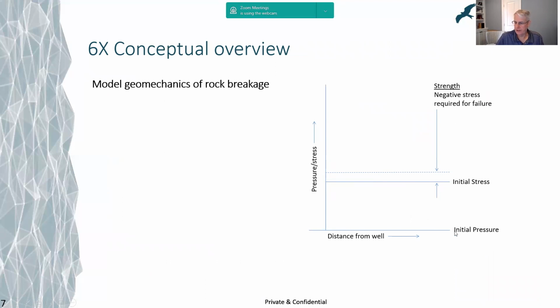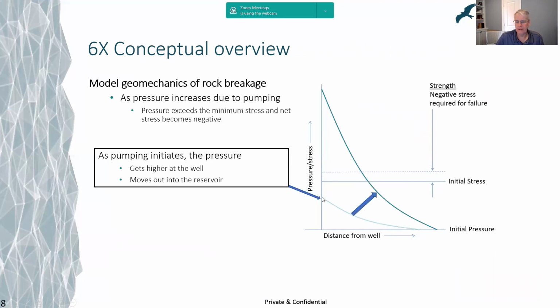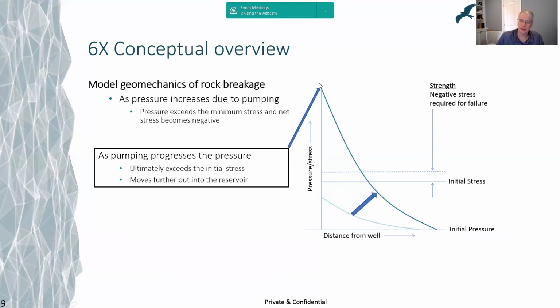At the bottom, along the x-axis, we've got the distance from the well. So if we start pumping into the well, we increase the pressure at the well bore. We also increase the pressure out into the reservoir some distance. As we keep pumping, the pressure increases further at the well and also out further into the reservoir.